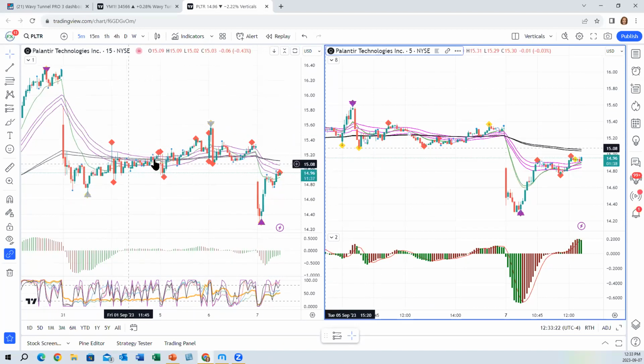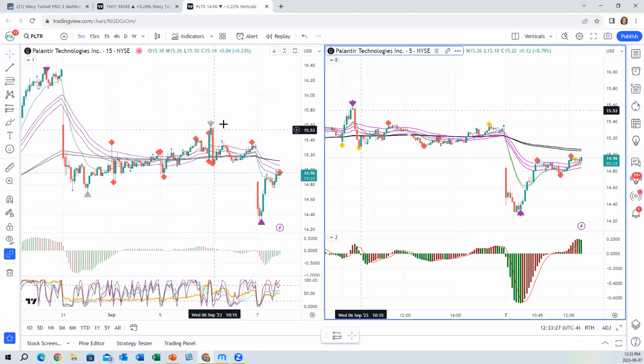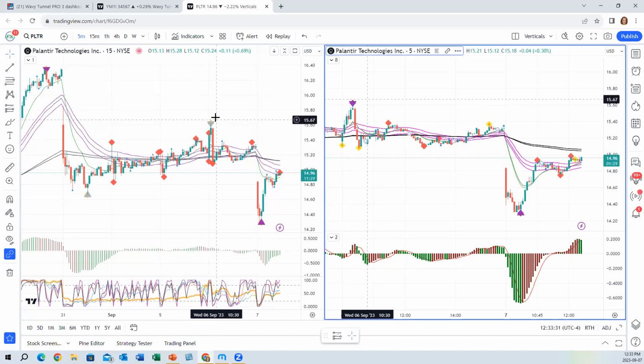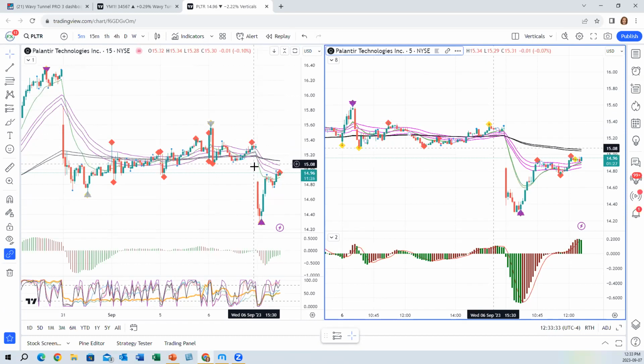Whenever you see sideways price movement, and with our indicators, we have red, red, red, red, red, red, red, and then you have a gray, this is the end of the correction. And then you have a 5-wave move down, which you can't see because we gapped lower. I mean, we had a strong gap lower.